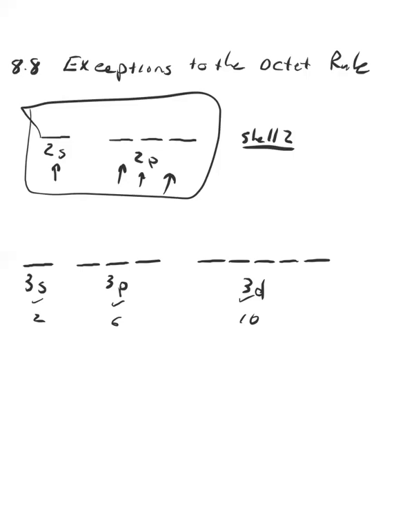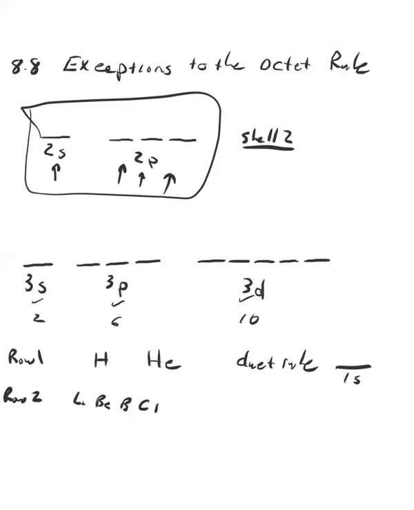If you look at row 1, hydrogen and helium, it's the duet rule. The reason is that there's only 1 orbital in the first shell, the 1s, and it can only handle 2 electrons. So the duet rule makes sense. Then you get to the 2nd row: lithium, beryllium, boron, carbon, nitrogen, oxygen, fluorine, and then neon.